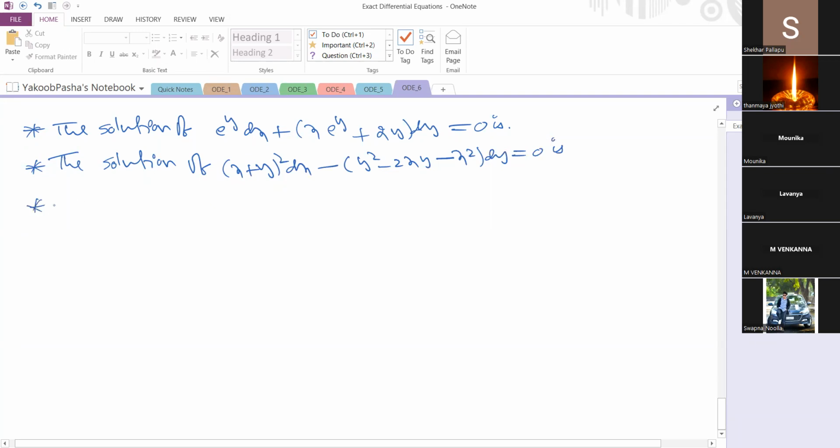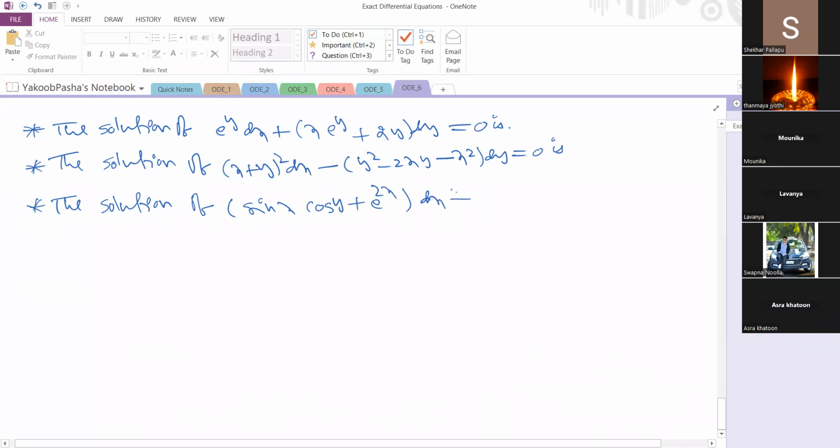And third one, the solution of (sin x cos y + e^(2x)) dx + (cos x sin y + tan y) dy = 0 is.